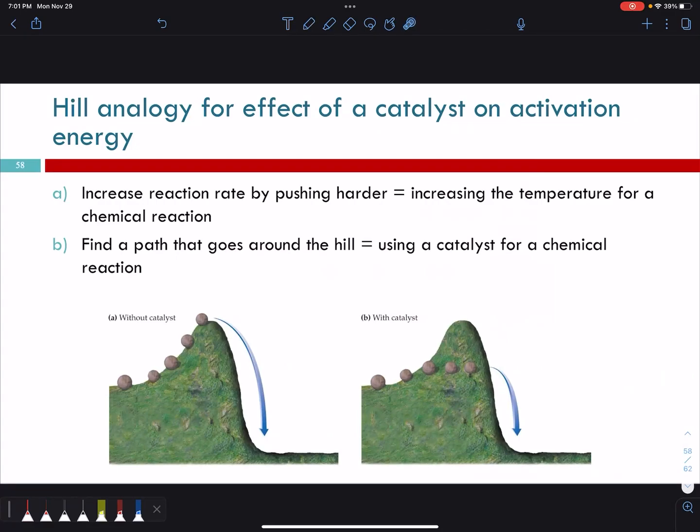So it's like if we were to try and push a boulder up a hill to roll it down the other side. It takes a lot of energy to roll it to the top of the hill, but if we had a second path, essentially that catalyst is a second path. So you don't have to go to the top of the mountain. You can go around the side of the mountain and still get to this lower energy state.